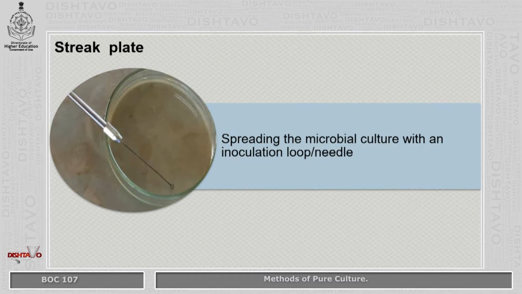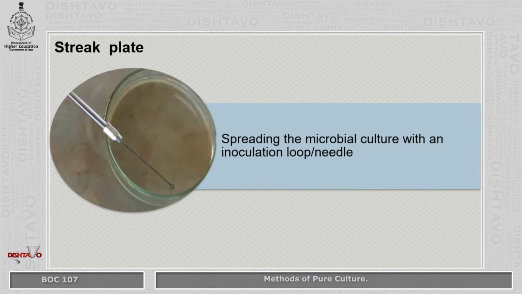In this method, we always use the inoculation loop or the inoculation needle. Inoculation loop is made up of a handle and a nichrome wire which is bent at the tip to form a loop. This loop is sterilized by the flame sterilization method and then it is dipped in a broth containing the microbial culture.